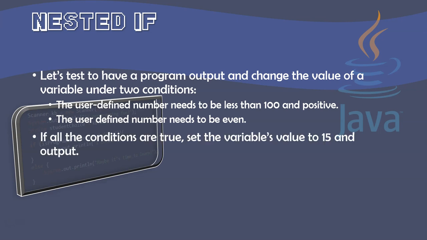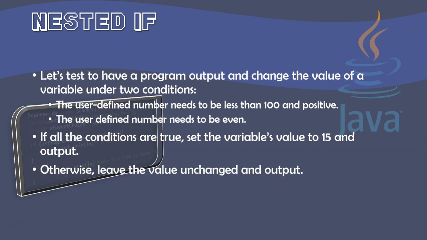So if all of our conditions are true, we're going to set the variable's value to 15, and we're going to output. So we're doing more than one thing. We have an output statement, so a system out print line, and we're setting a value, which means we'll have an assignment statement in there. Otherwise, we're simply going to leave that value unchanged and output. Perfect. Let's look at this with some code.